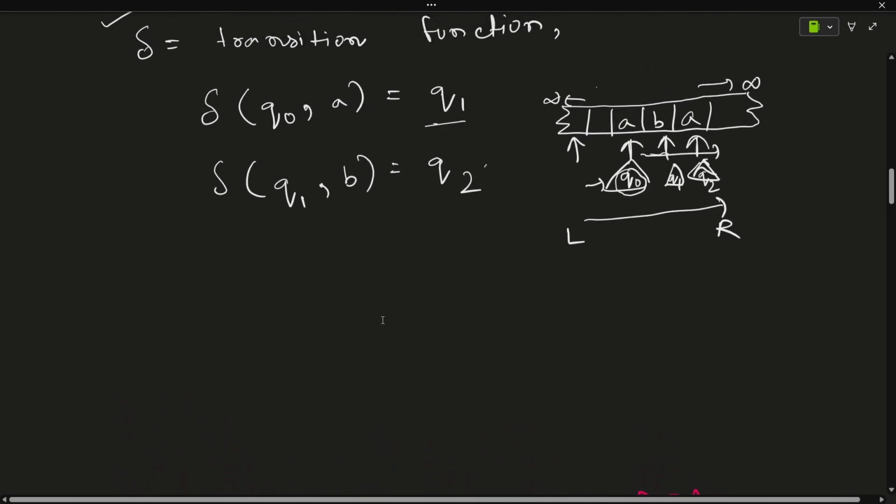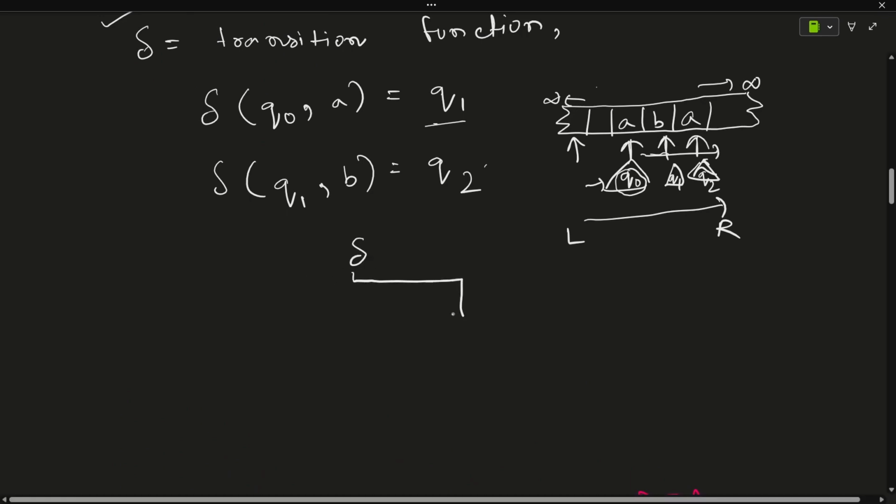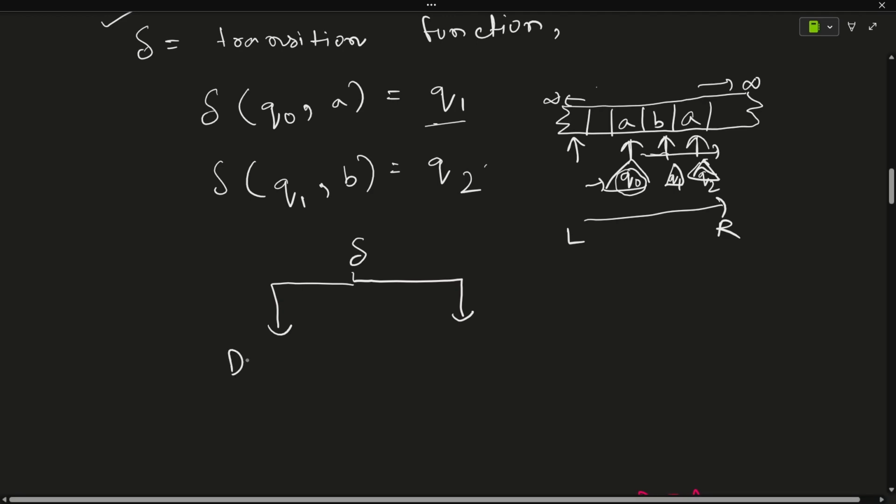So transition function can be divided into two categories. The finite automata is divided according to the transition function, that is DFA and NFA. The major difference between DFA and NFA is based on the transition function. So let's discuss it now.